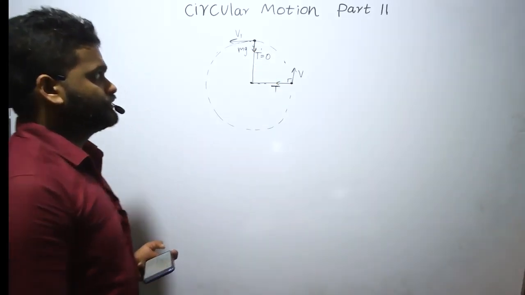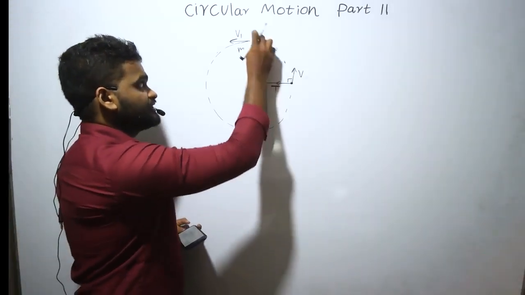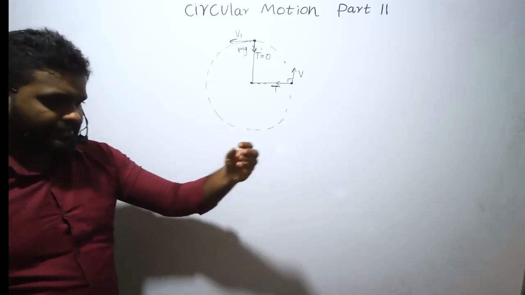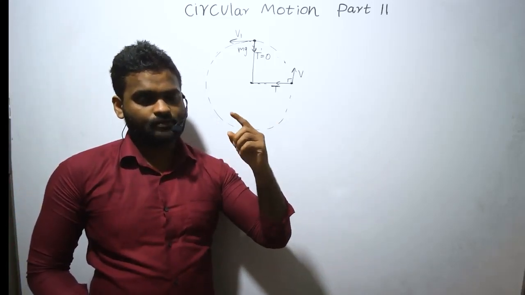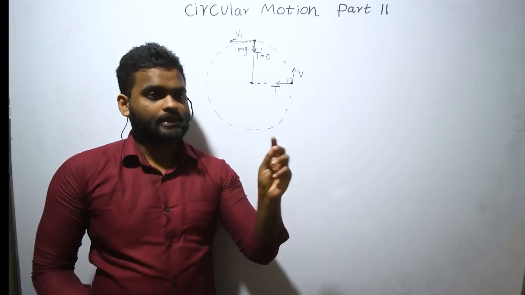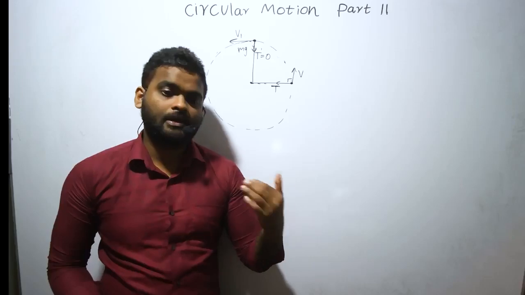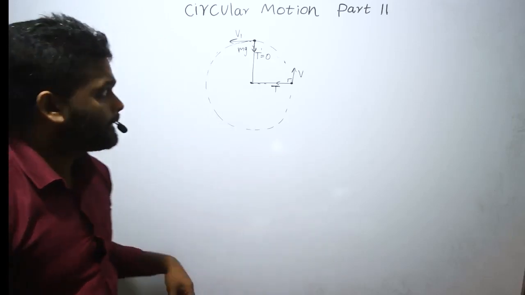So what should you do when you get a question like this? You need to compare two positions of the vertical motion. In addition to applying F equals ma towards the center, there's one more thing you have to do. You need to get energy equations. You need to think about potential energies and kinetic energies.